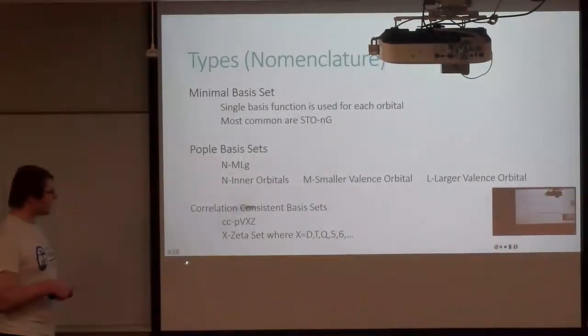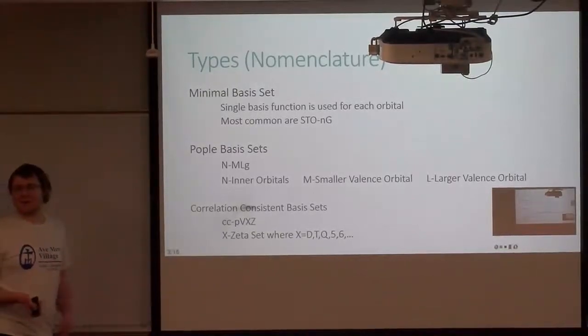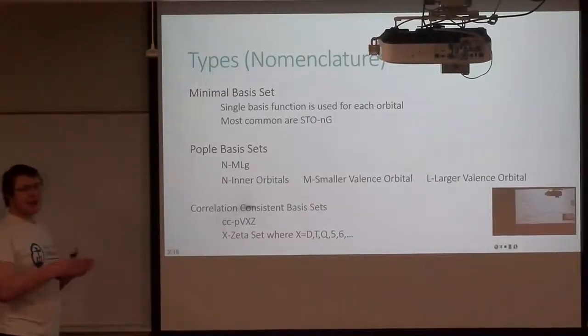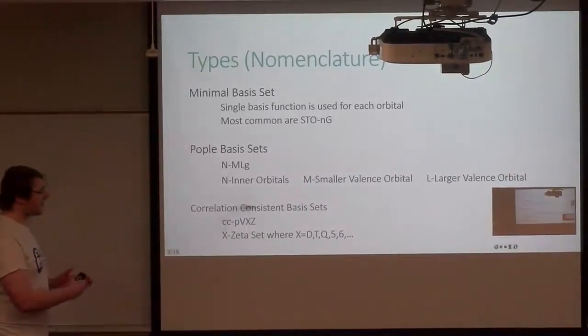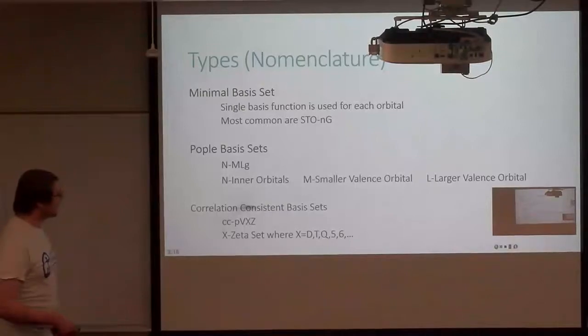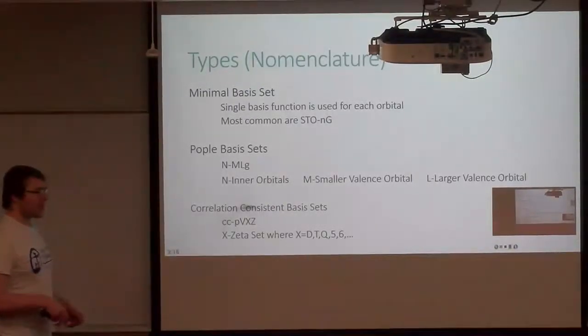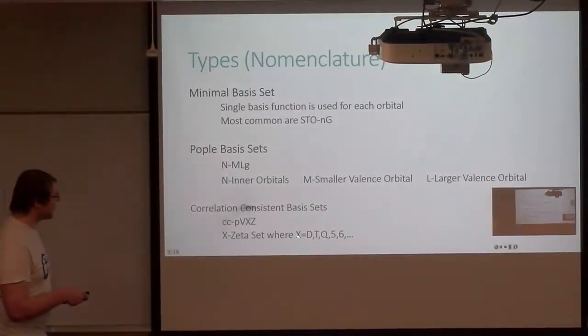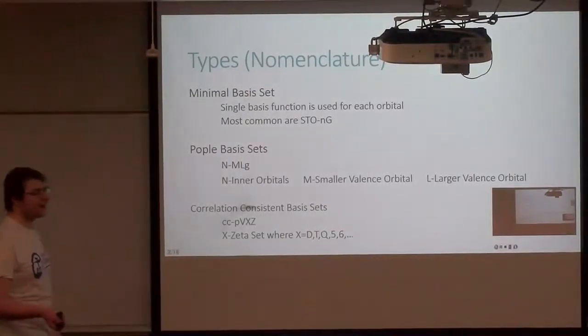If I understood it correctly, zeta is how many terms you actually have, like how many basis functions you actually use for any particular orbital. So this D would be double, T would be triple, Q would be quadruple, 5, 6, etc.